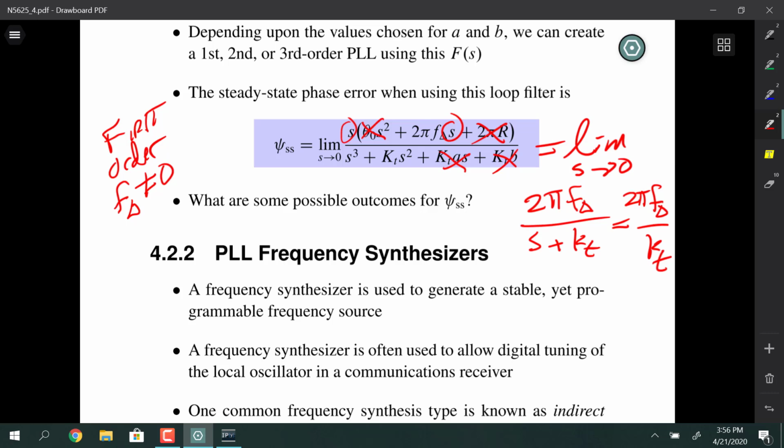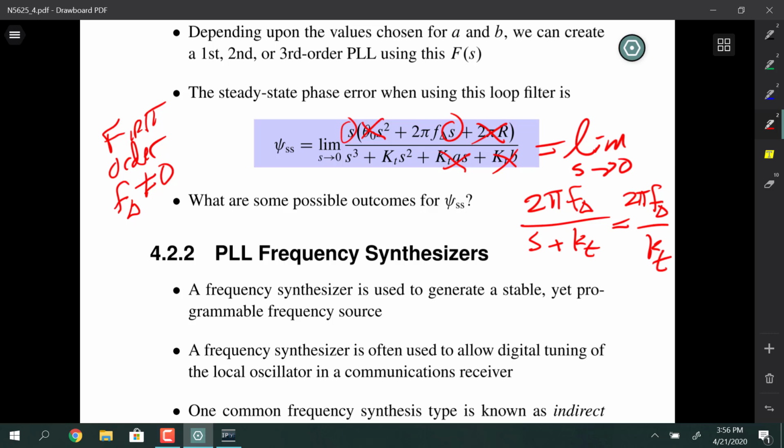If we were to plug in only a phase step, then the steady state phase error would be 0. The loop tracks that without a problem. If we were to put in a frequency ramp, then we're going to have something bad happen. Does anybody want to guess what bad thing happens? It's good if the steady state error goes to 0. It's marginally acceptable if the error goes to a constant, but is still a small constant.